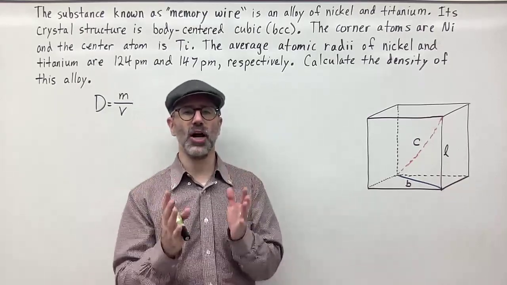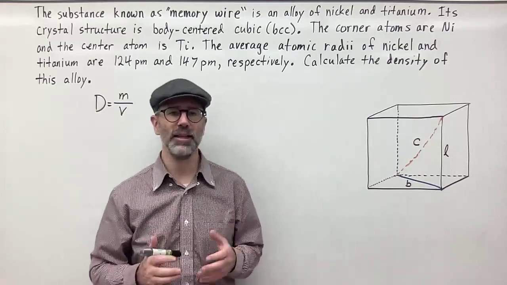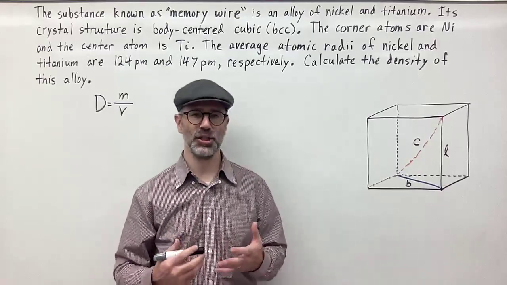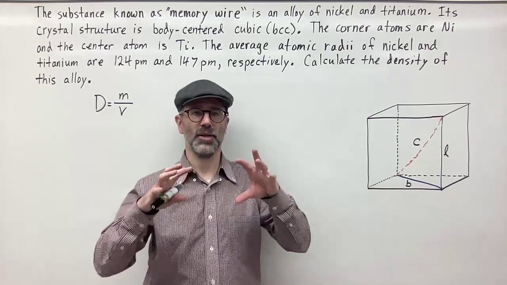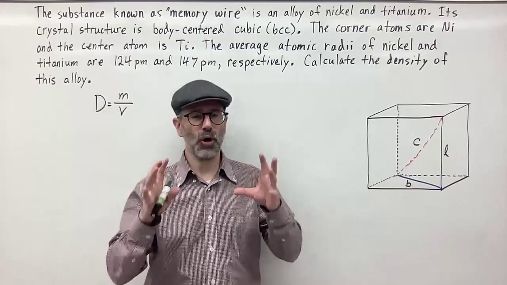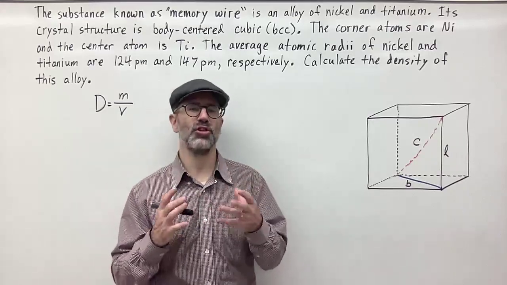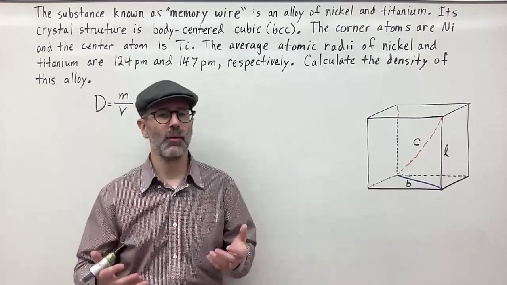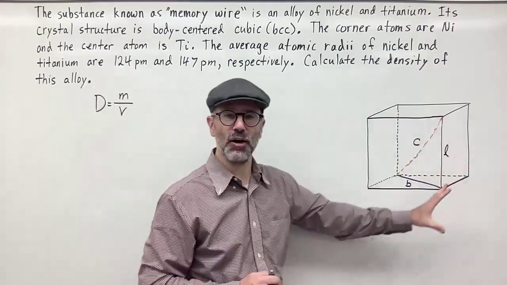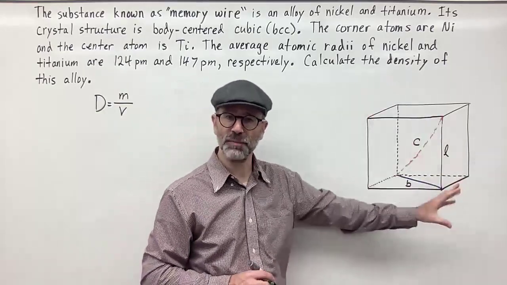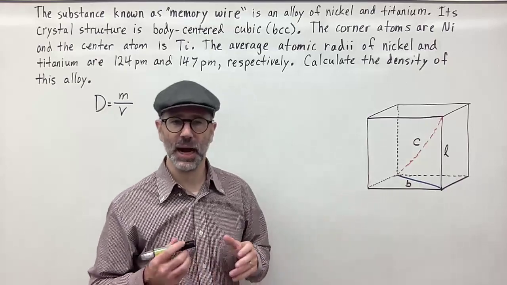We're talking about the density of a substance, and we are given the fact that this is a body-centered cubic structure. The atoms are organized in such a way that gives them a particular structure, and this structure is called a body-centered cubic. What does that mean? Here I have a picture of the cubic structure, and I didn't put the atoms in because I think it would get complicated.